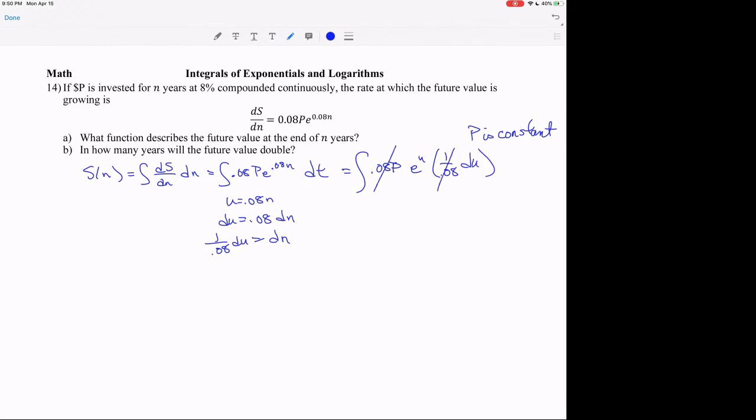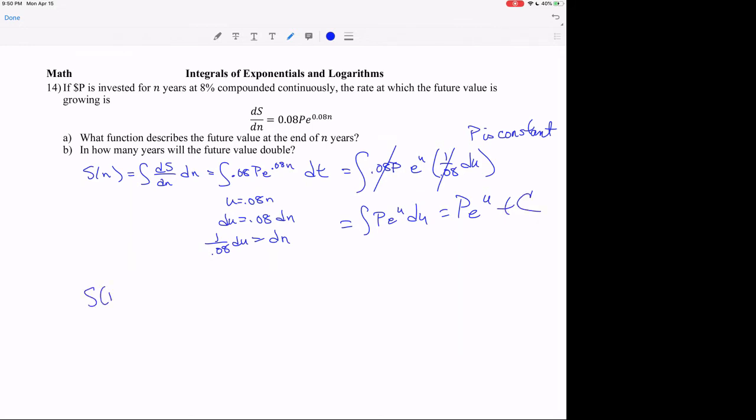The 0.08 and that one cancel. So this is the integral of p e to the u du, which is p e to the u plus c.